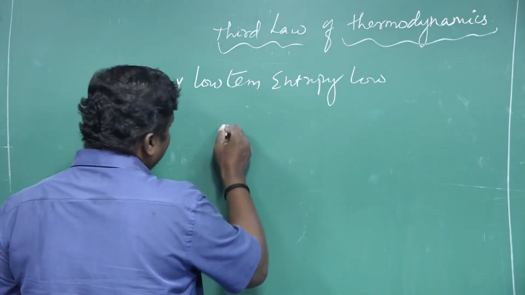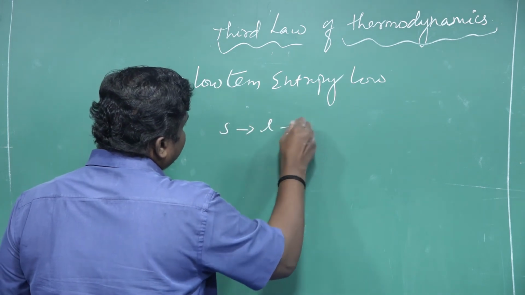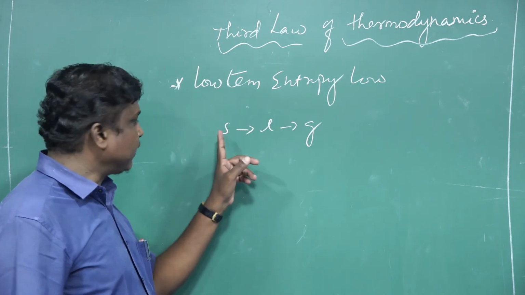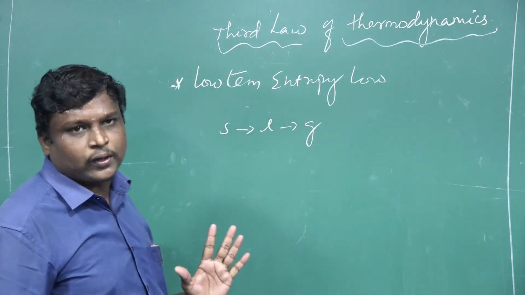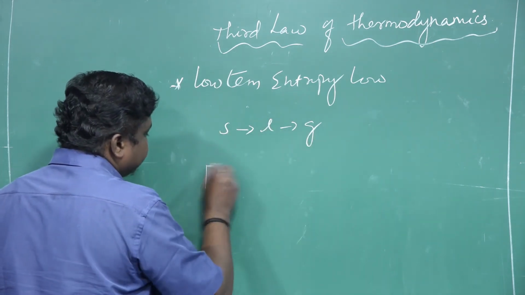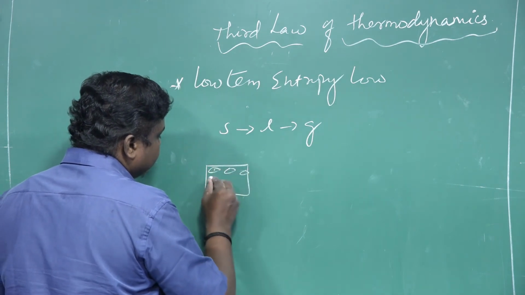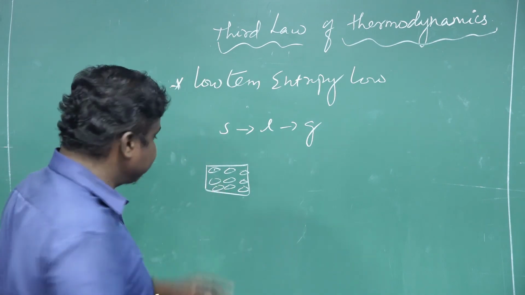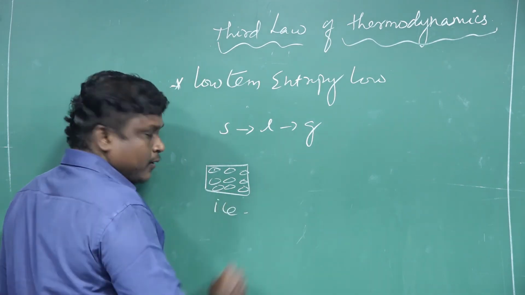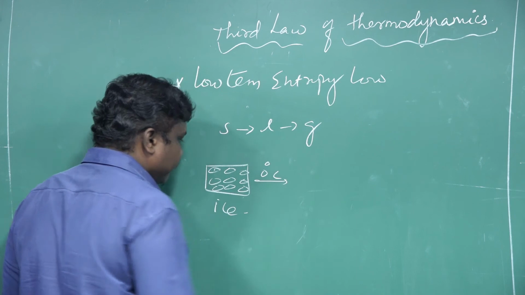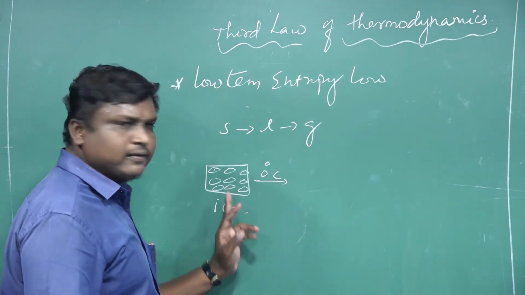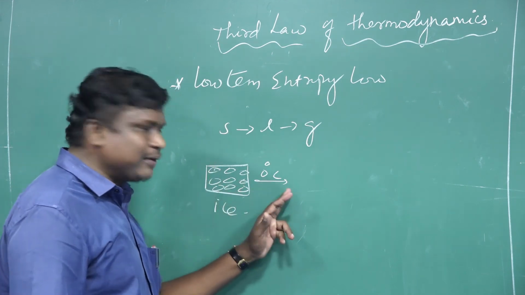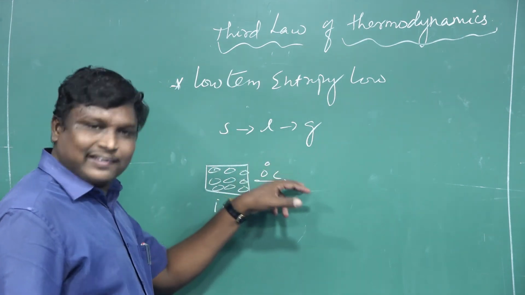Let me discuss the three states of matter: solid to liquid, liquid to gas. Suppose we take ice. The molecules are in an ordered state. On attaining 0 degrees Celsius, the ice melts and changes into water, going from order to disorder.